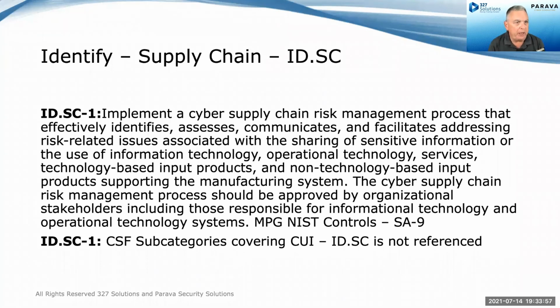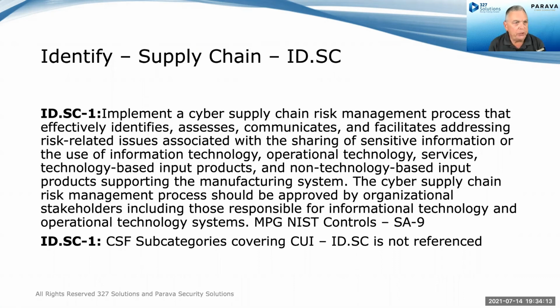The next and final one in this category is about supply chain. So once again, especially post-COVID, there is a lot of concern about the level of supply chain risk that exists and the management of that supply chain risk.